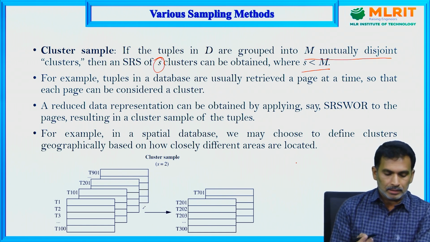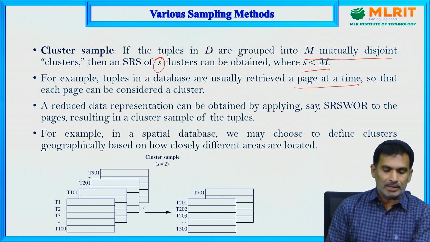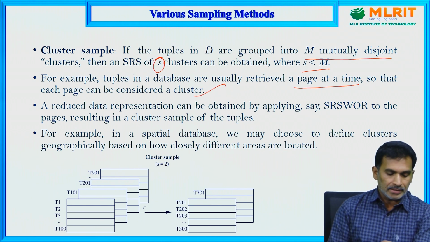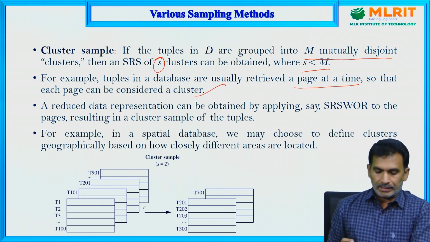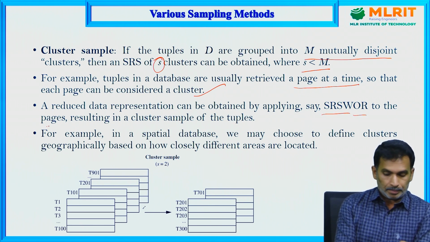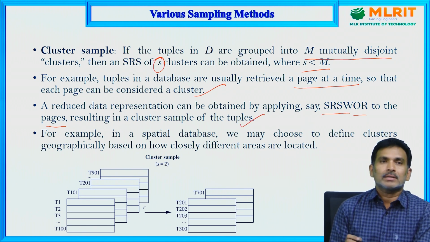For example, tuples in a database are usually retrieved a page at a time, so each page can be considered a cluster here. So a reduced representation can be obtained by applying a simple random sample without replacement to the pages. That results in a cluster sample of the tuples.